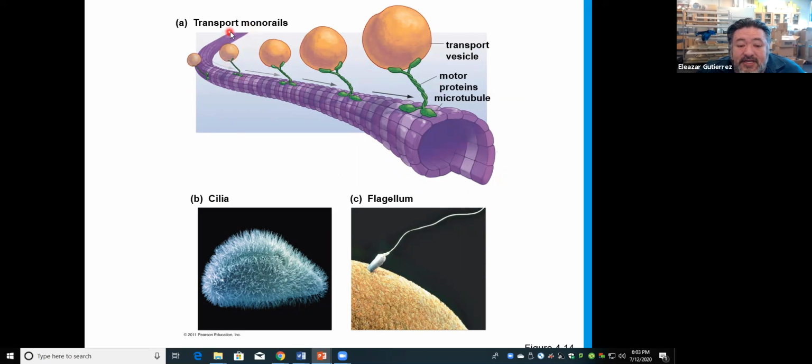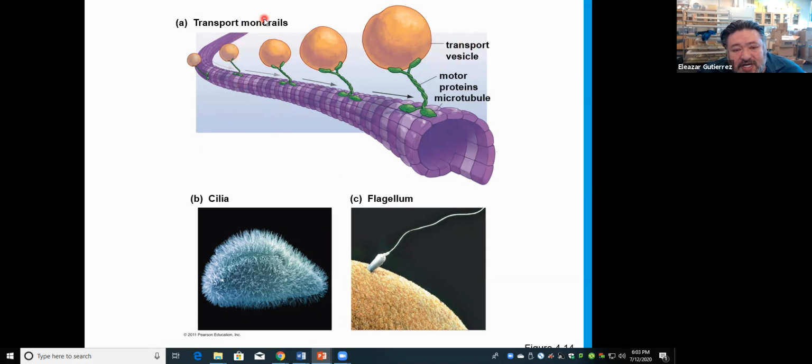Notice that tubulin, here's cilia, here's a flagellum, and here's A and B tubulin, making transport monorails inside your cells. Okay, so imagine that you have the rough endoplasmic reticulum and the Golgi complex up here.